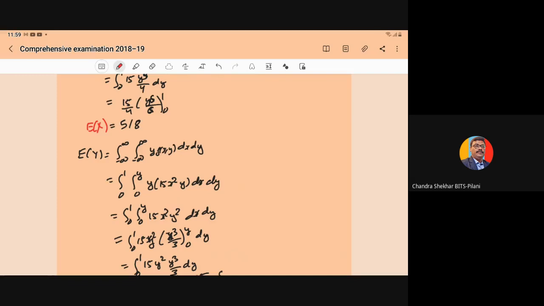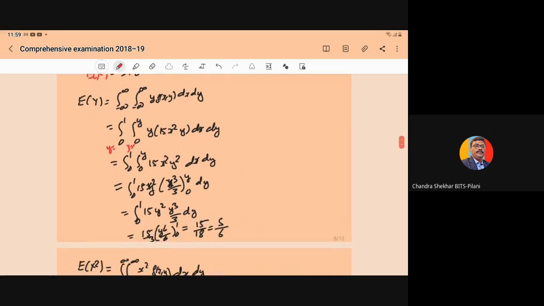This will become the integral with limit from 0 to 1 and integral 0 to y of y into 15x²y dx dy, which can be written as integral 0 to 1, integral 0 to y, of 15x²y² dx dy.